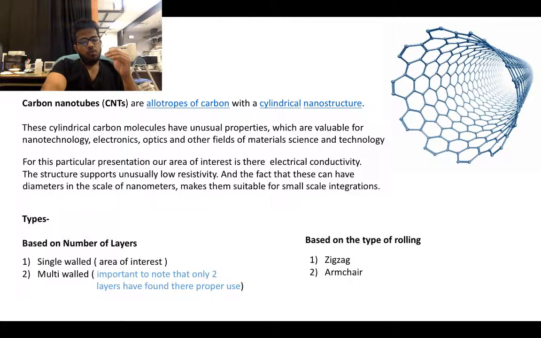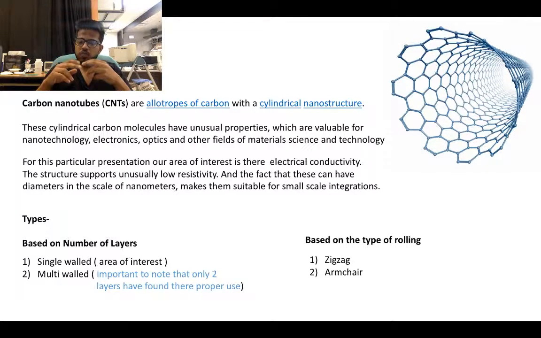Application of multi-walled is limited to two layers, because when you increase the layers of graphene sheets, say you go to three layers or four layers, intermolecular forces come into play, which hinder the structural integrity of the tube as well as the properties of the tube as a whole. So till now, usage has been limited to two layers.